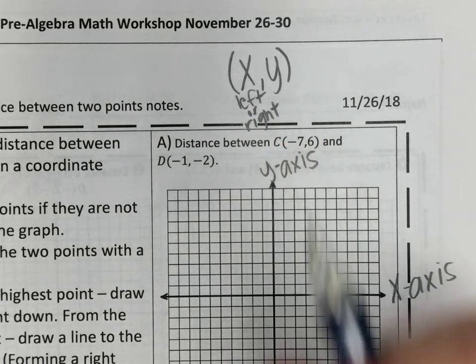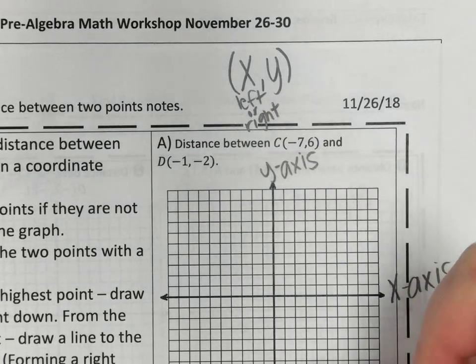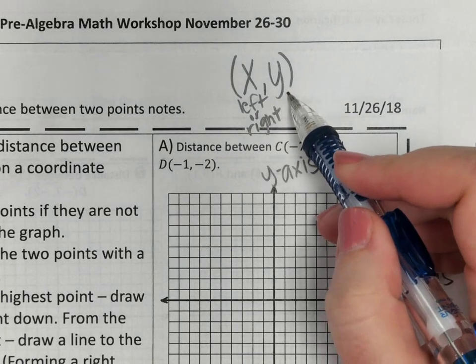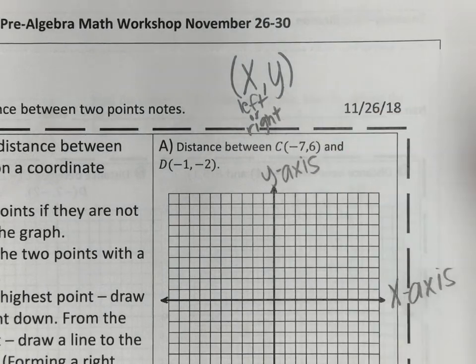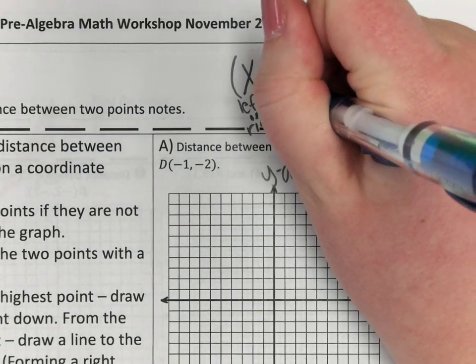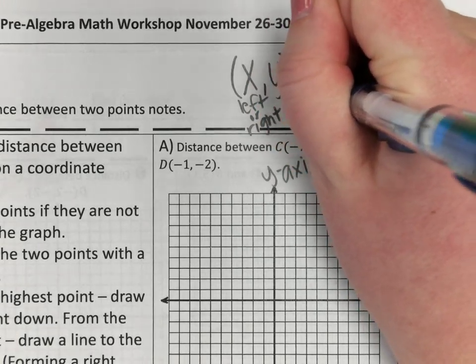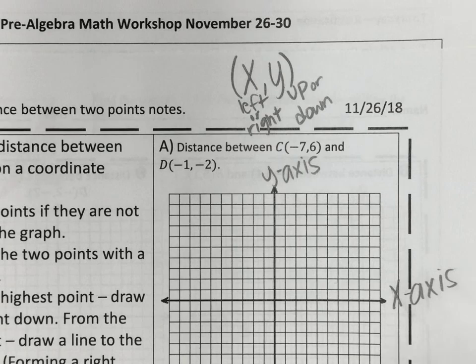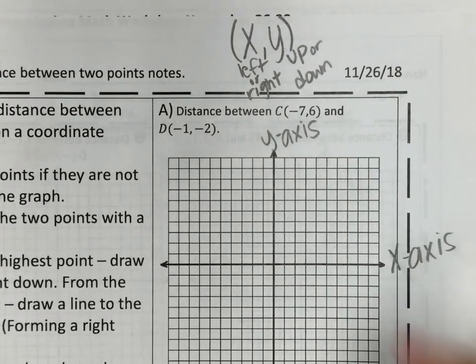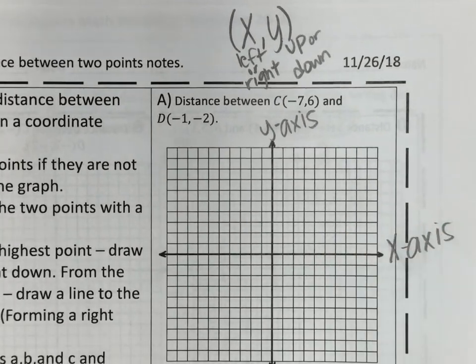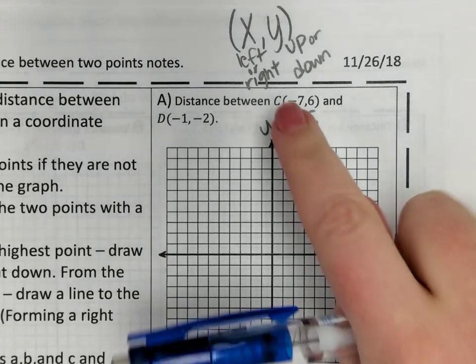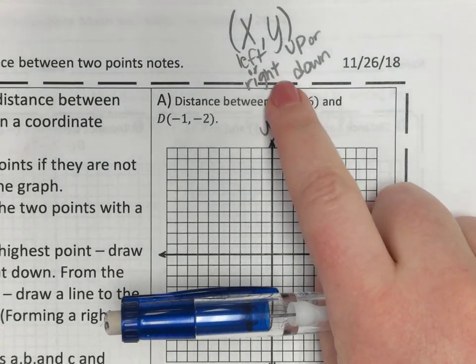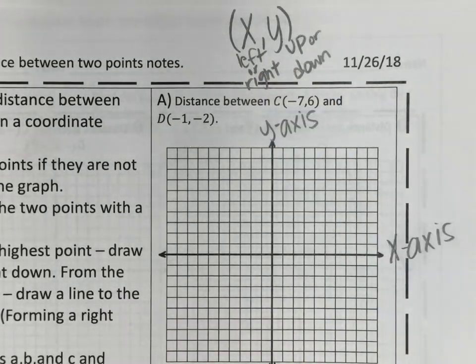And if y is the axis that goes this way, that means y, our second number, is going to tell us to go which 2 directions? Up or down. North and south. North or south, yes. Okay, so x is going to tell us to go left or right. The first number is left or right. The second number is up or down. Again, please write this down so y'all can refer back to it if y'all get a little messed up.